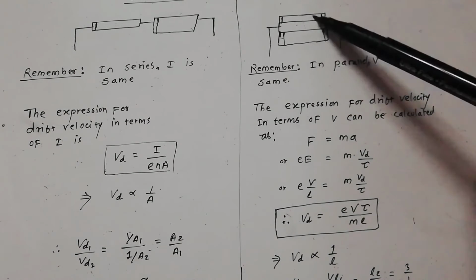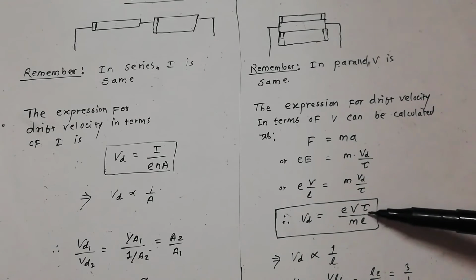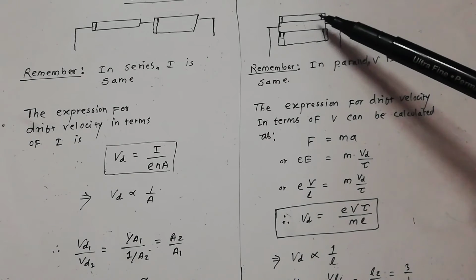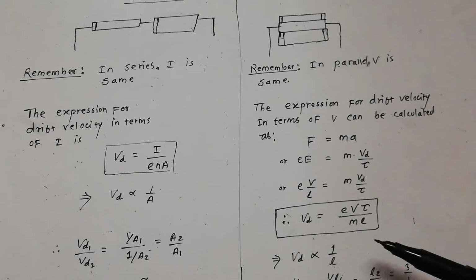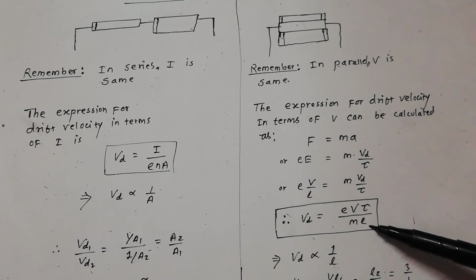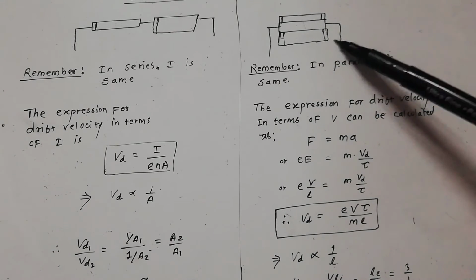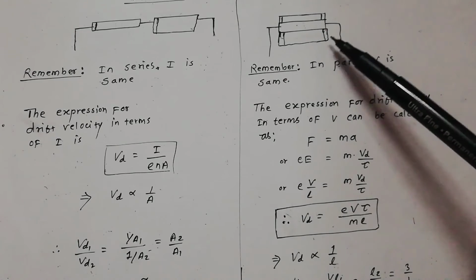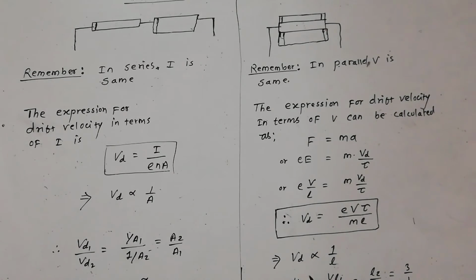So V is the same for these two cases. Tau is the relaxation time. So this is also the same for the electrons inside these two conductors. m is the electronic mass. This is also the same, but L is different because in the question we have different L. So we can express these relations. Comparing these connections, we can write Vd proportional to 1 by L.